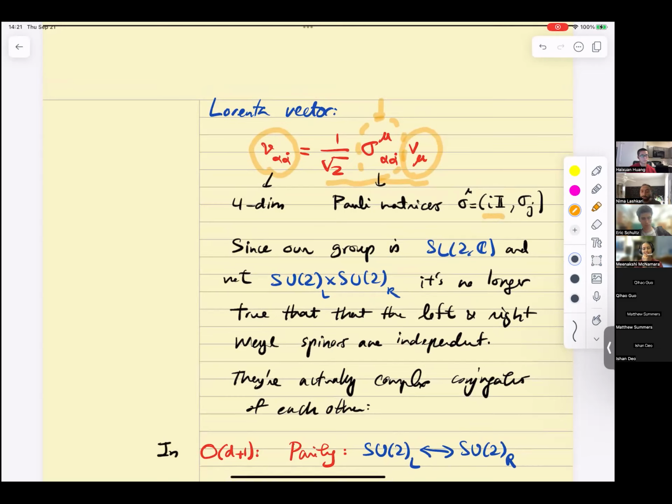Now, what is important to remember is that this guy does not transform under Lorentz transformation. This is just a set of numbers. The thing that transforms nicely is this guy. There's really nothing here. I just wrote about how to go between this basis and some other thing.